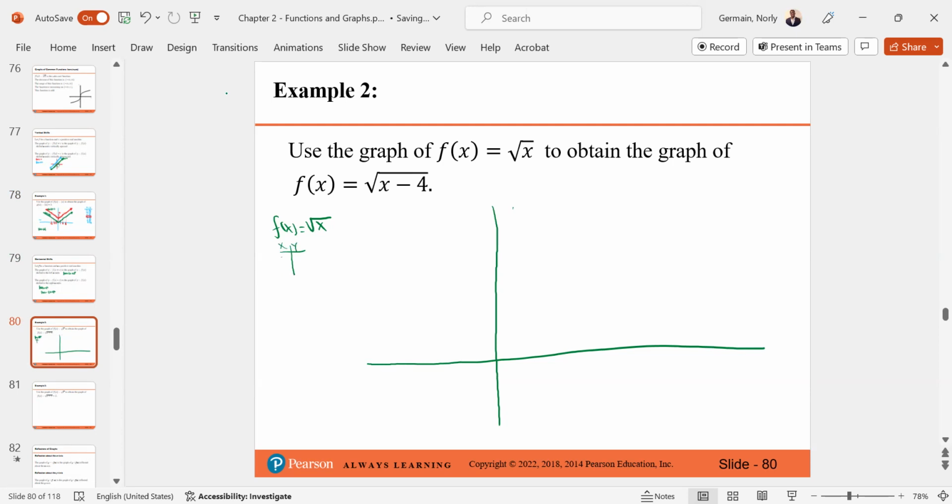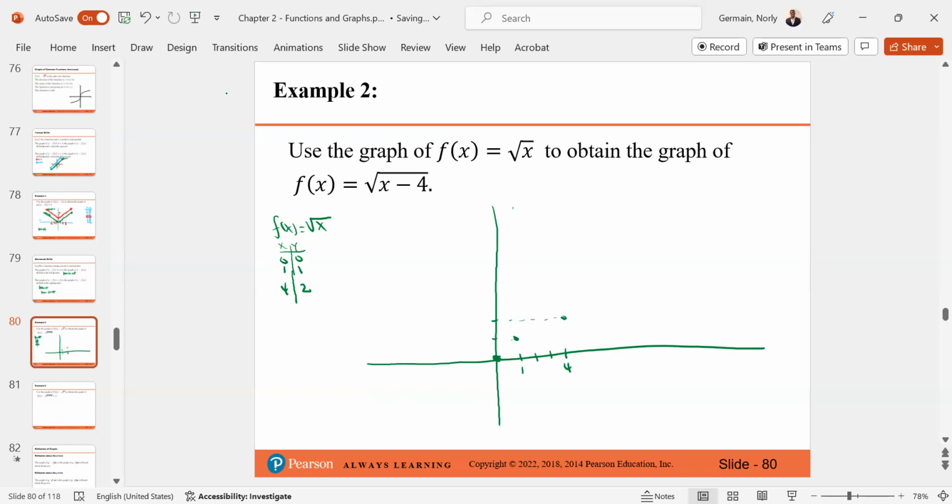If x is 0, because we cannot plug in any negative number, then y would be 0. If x is 1, square root of 1 is 1, so y would be 1. If x is 2, we're going to have square root of 2, but I prefer to say if x is 4, y would be 2, because square root of 4 is 2.